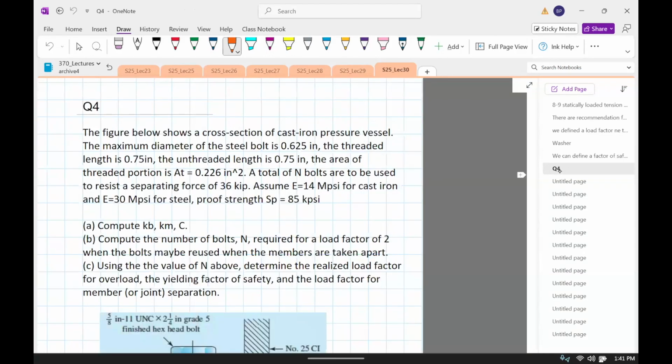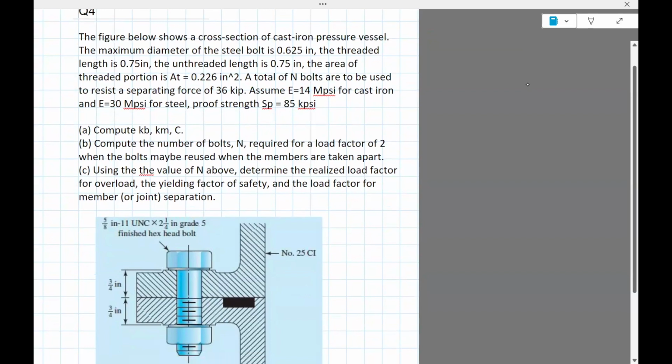Okay, we'll solve this problem, and that would be the last thing. The figure below shows a cross section of a cast iron pressure vessel. The maximum diameter of the steel bolt is 0.625. Threaded length LT is 0.75. LD is 0.75.